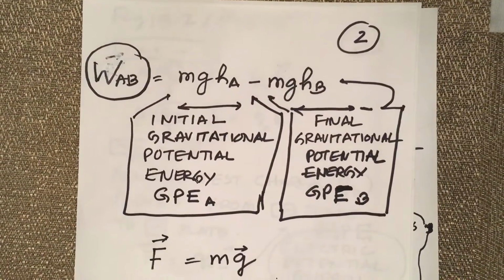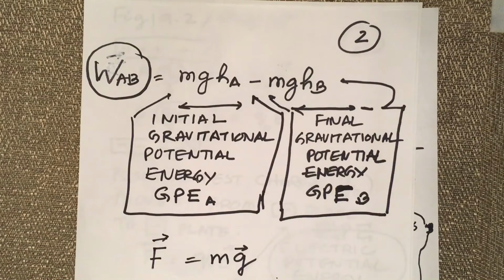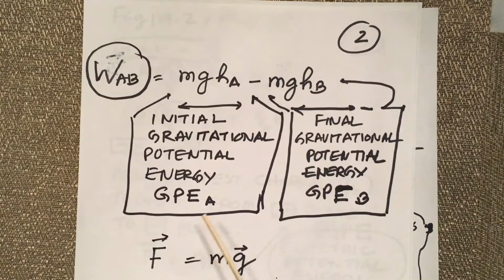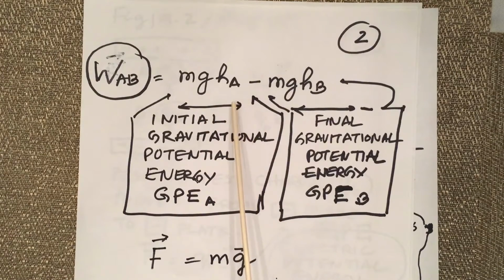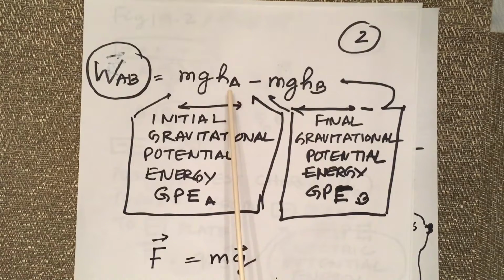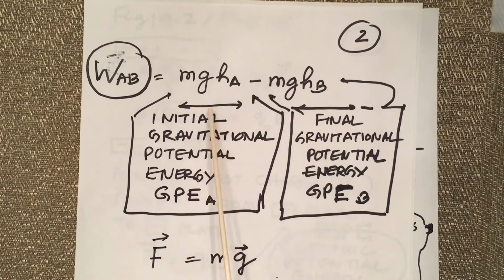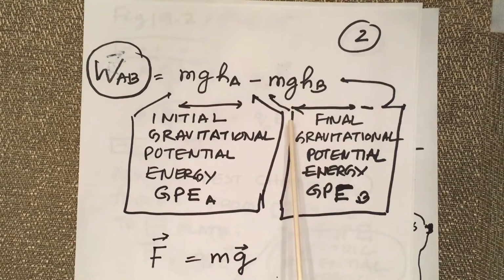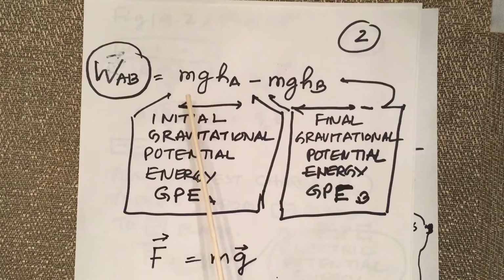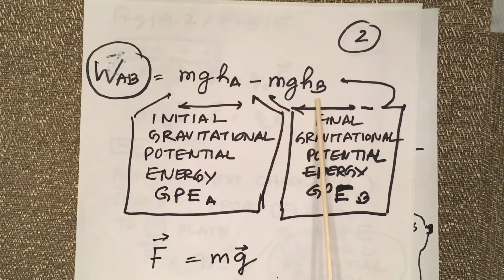As all of you know, work done is force times distance. Here the force is mass times acceleration due to gravity, and distance here is at point A it is HA, at point B is HB. So work done will be the difference between these two, which is defined to be m times g times HA minus m times g times HB.